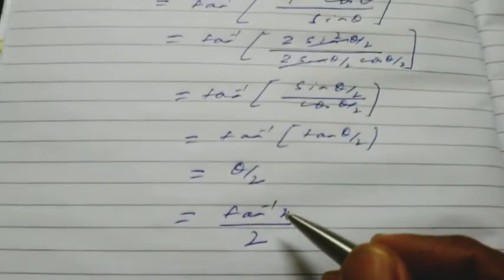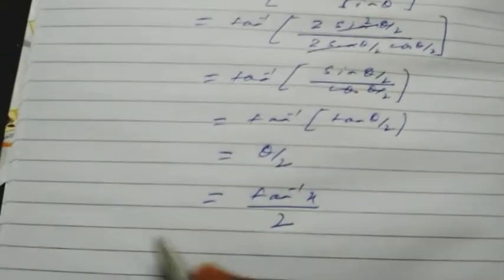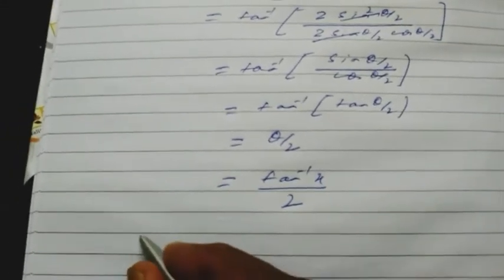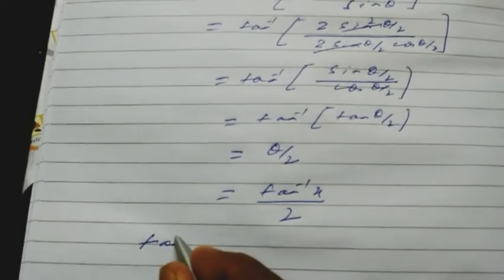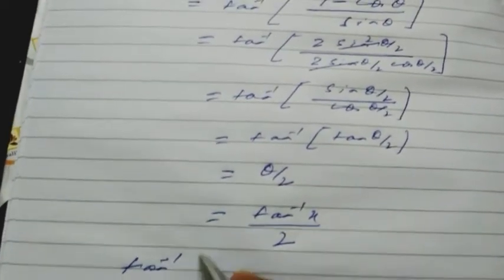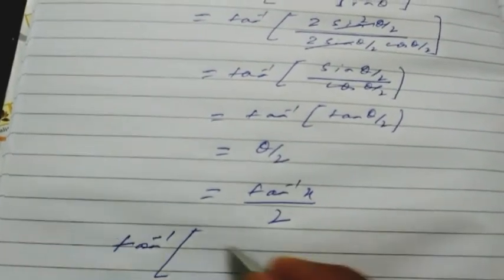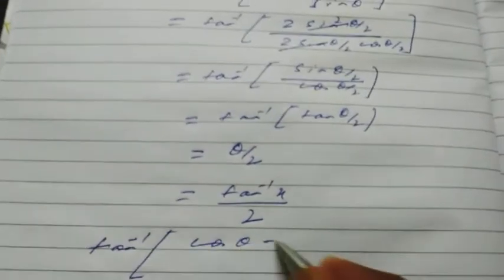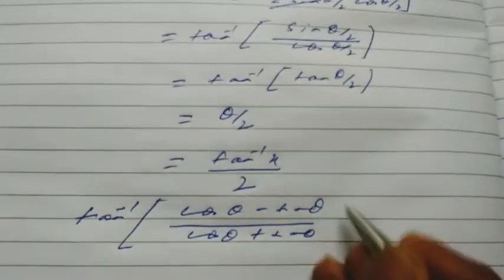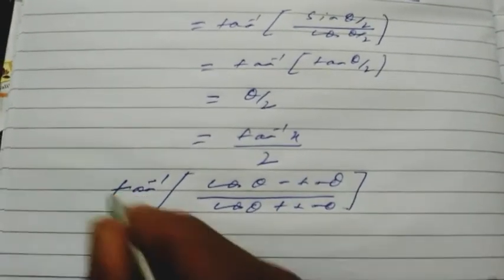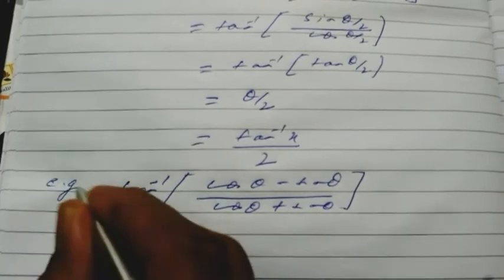So this is the way to solve the examples related to the simplest form. More or less, suppose you are having another example, example number three: tan inverse of cos theta minus sine theta upon cos theta plus sine theta. Here also I am not solving it, rather I am giving the indication for this one.